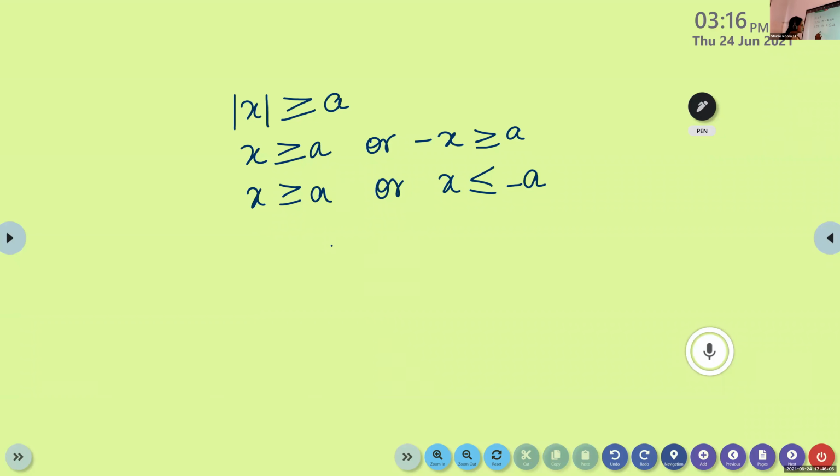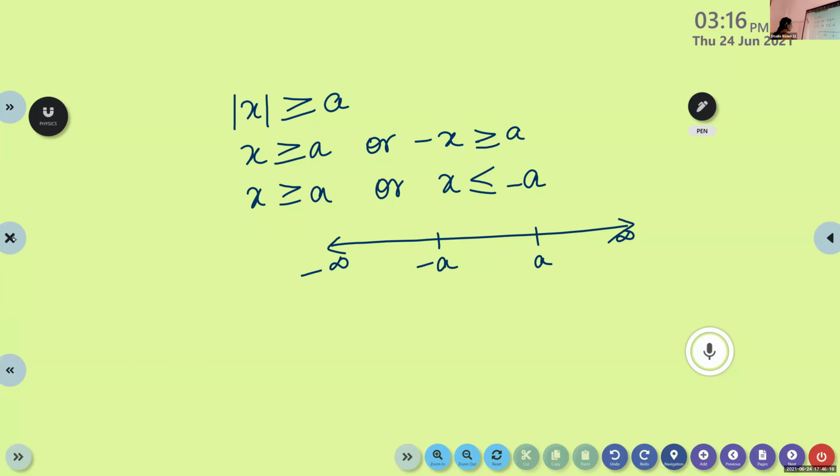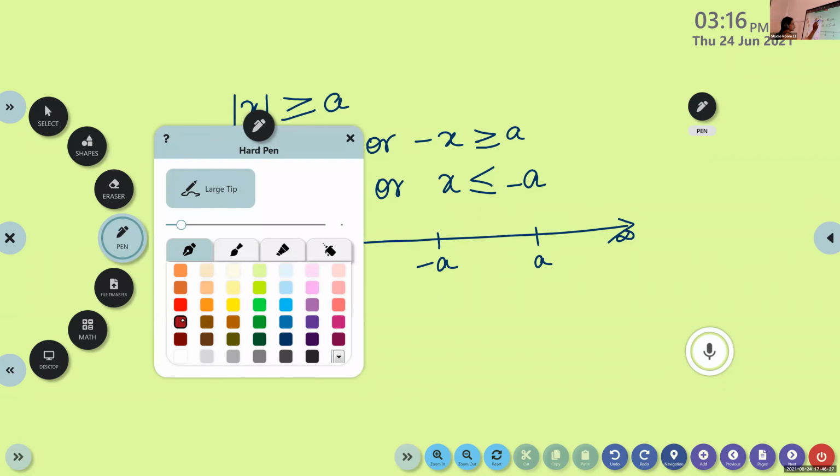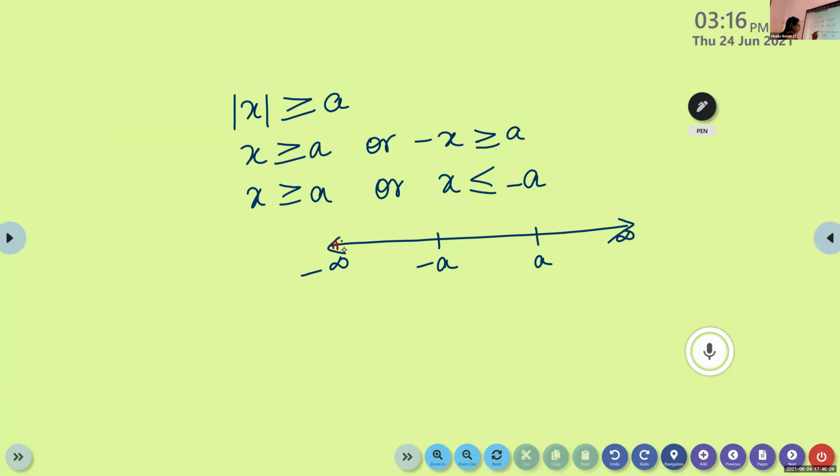So listen, suppose this is our number line, minus infinity to plus infinity. Suppose we have here negative a and this is positive a. X is less than or equal to minus a means we take only those values which are to the left hand side.